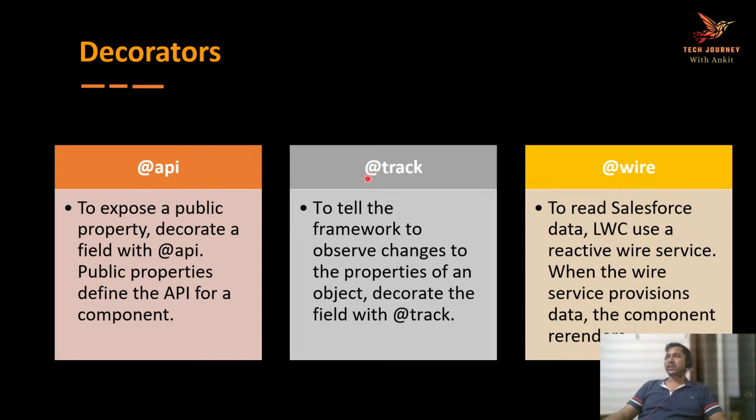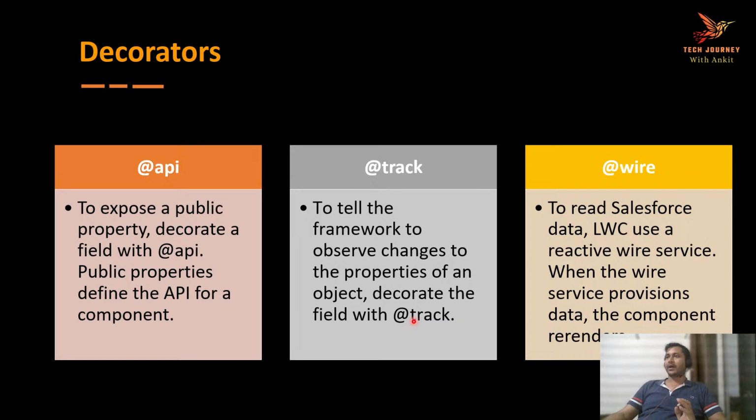Coming towards another decorator, that is the @track decorator. You should use the @track decorator only in specific scenarios. And that specific scenario here is if you want to observe the changes to the properties of an object. If you want to observe an array, then and only then should you go for the @track decorator.